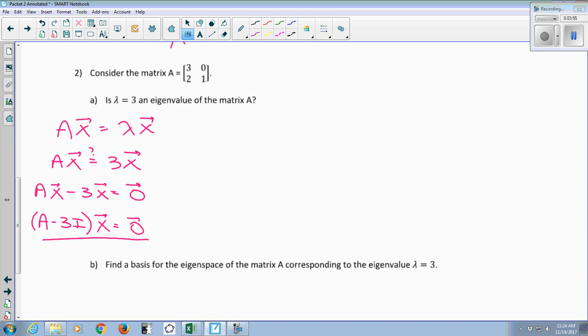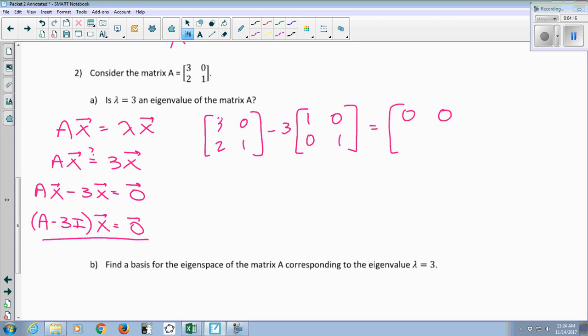So A minus 3I. A is 3, 2, 0, 1, minus 3 times I. So that's 3 minus 3 is 0, 0 minus 0 is 0, 2 minus 0 is 2, and 1 minus 3 is negative 2.